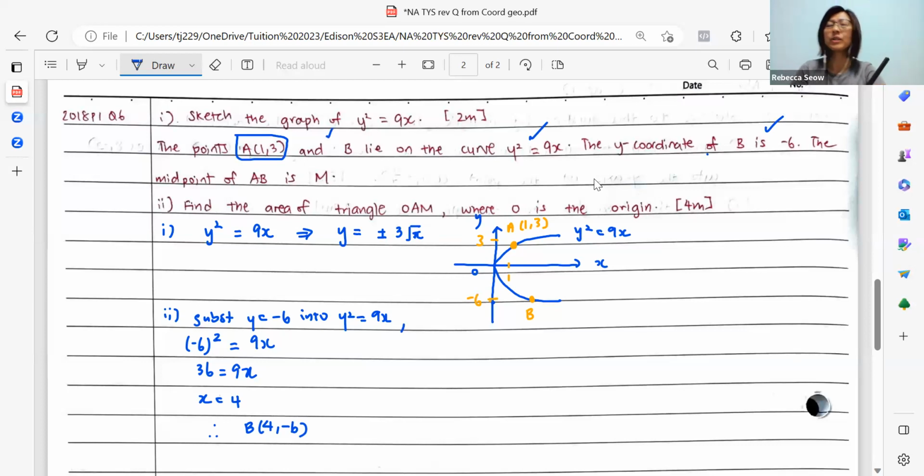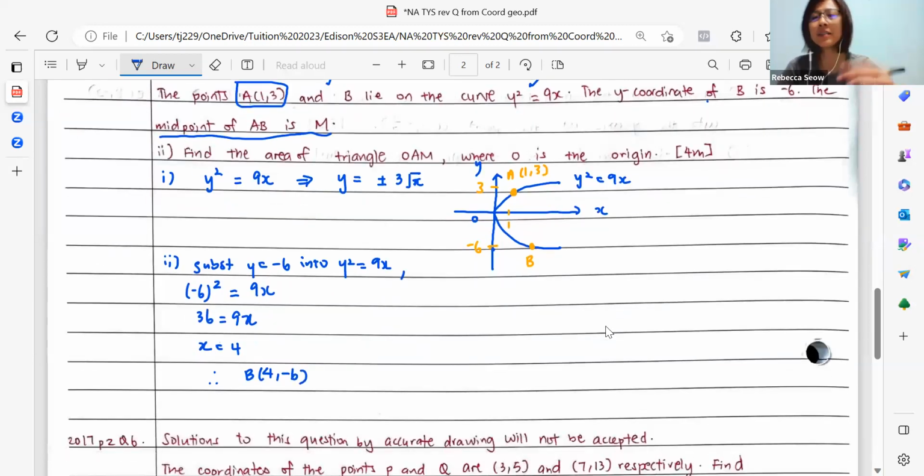The next thing that the question mentions is that the midpoint of AB is M. Let's find M. If you can remember, to find the midpoint there's a formula. The coordinates of the midpoint between two pairs of coordinates would be x1 plus x2 out of 2, and y1 plus y2 out of 2.